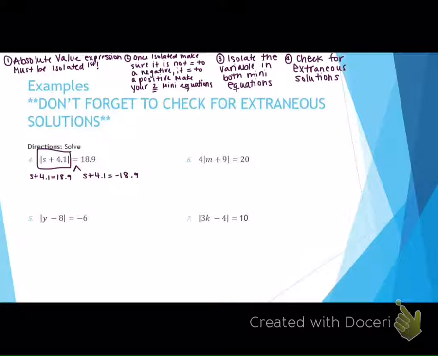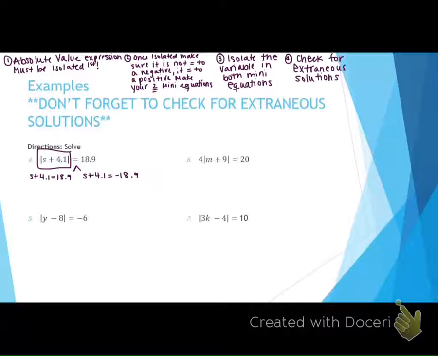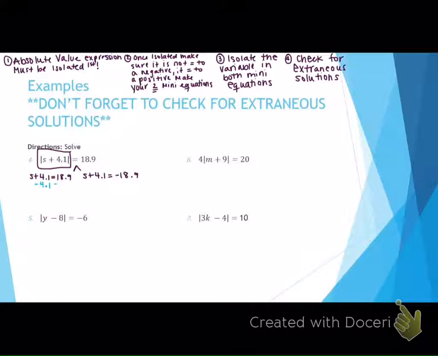All right, so once you've done that, isolate the variable in both equations. So I'm going to subtract 4.1. And I'm going to subtract 4.1.